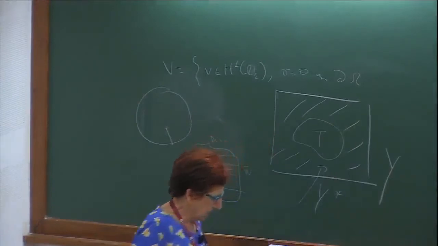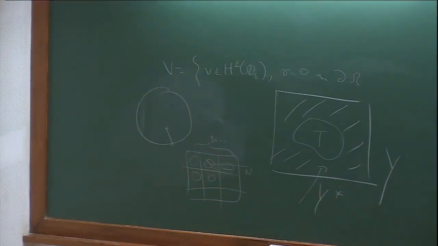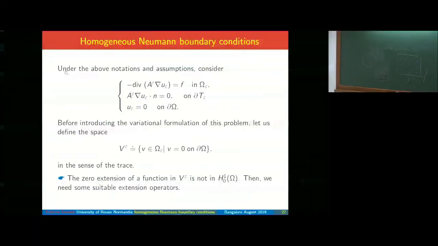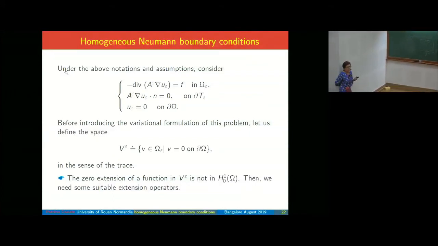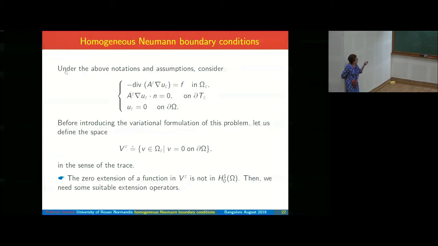So now we have a difficulty because we cannot just, as before, extend merely by 0 the function. We can, but the function will be only in L2, it will not be in H1, because it will have a jump on the boundary of the holes, since on the boundary of the holes originally the functions v epsilon are not 0.